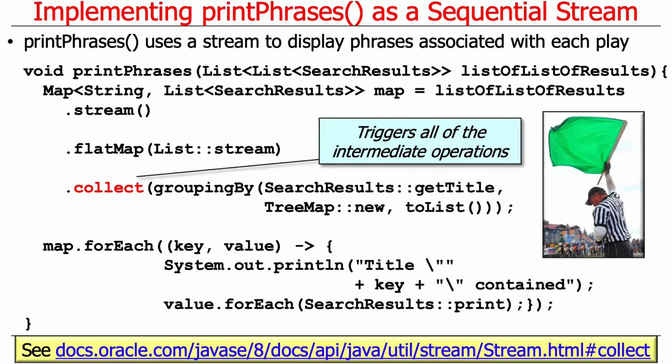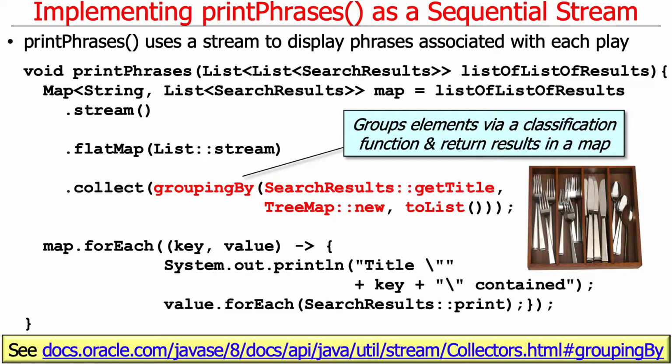Of course, collect triggers flat map, among other things. And then it goes ahead and performs the following collector behavior. The collector here is a grouping by collector. So keep in mind what it's doing. It's getting in a stream of search results, and it's going to do what the collector grouping by is going to instruct it to do. So I'll explain what that's going to do, and hopefully that'll answer your question.